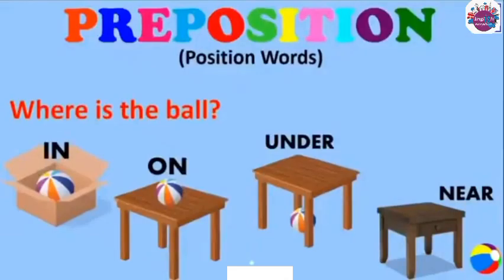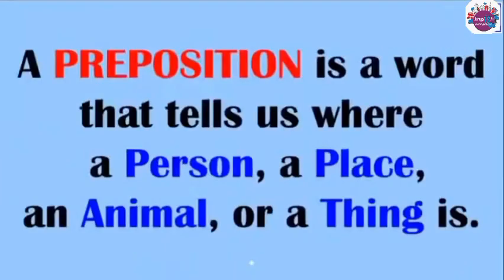So these words, in, on, under, near, are the prepositions. In this video, we are only going to talk about in, on, under, and near. The rest of the prepositions I'll make in another video.